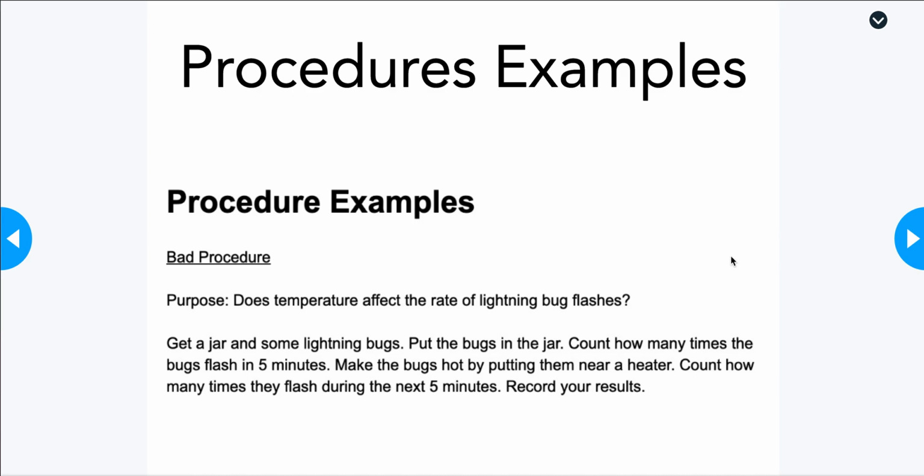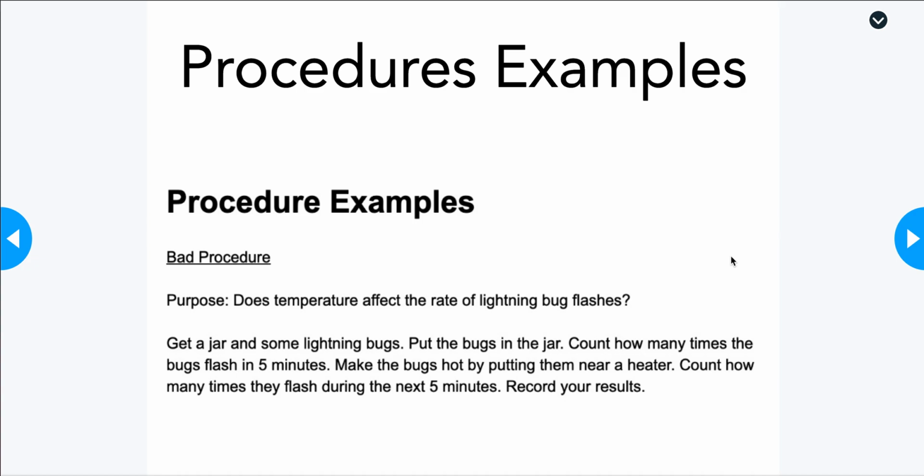All right. So why did we do that? What was the whole point of me making peanut butter and jelly based off of your instructions? Well, we were talking about procedures there, and we're going to be writing procedures in this class. So if you want to, you can go ahead and turn to the procedures examples handout in your packet. Today we're going to talk about what a good procedure and what a bad procedure looks like.